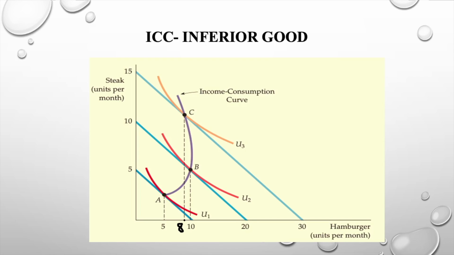Here, as we can see, as his income increased from $20 to $30, the amount of hamburger consumed decreases. But this wasn't the case when the income increased from $10 to $20. Here, hamburger was a normal good between A and B, but becomes an inferior good between B and C.